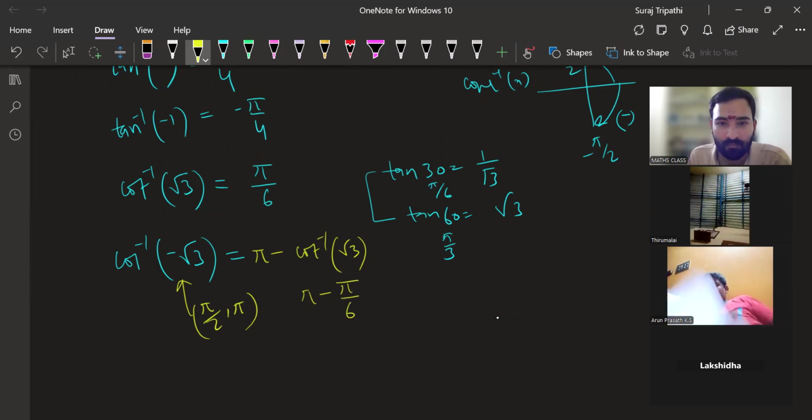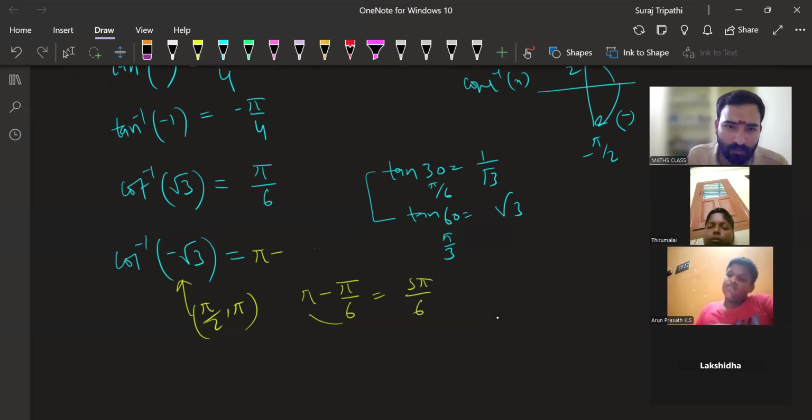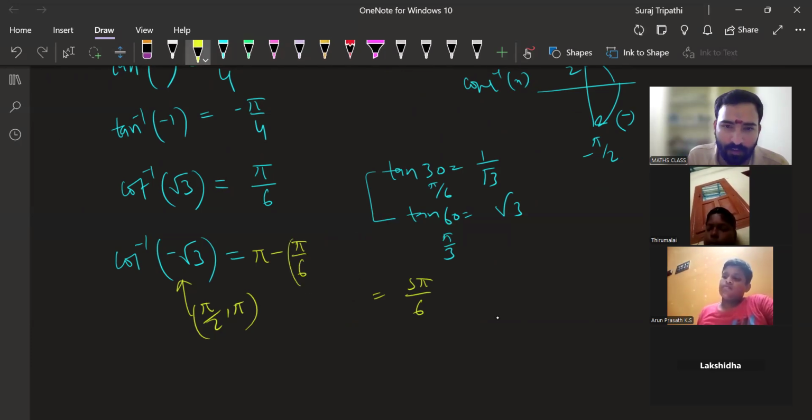Pi by 6. So write pi minus pi by 6. Every time you have to write the value for the positive angle, then subtract it from pi. You will get 5 pi by 6.